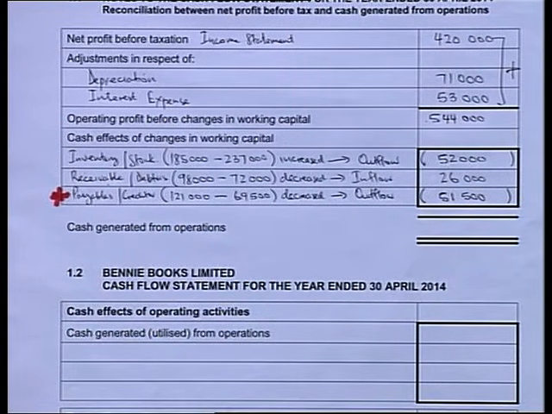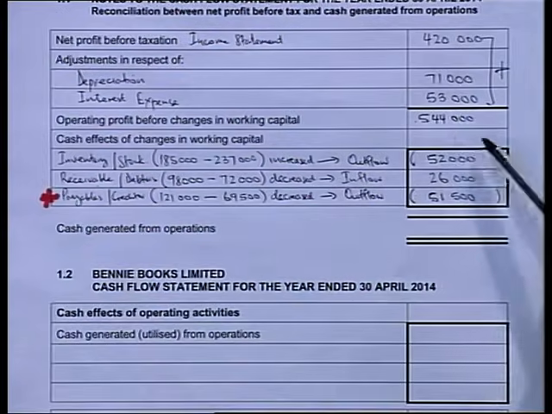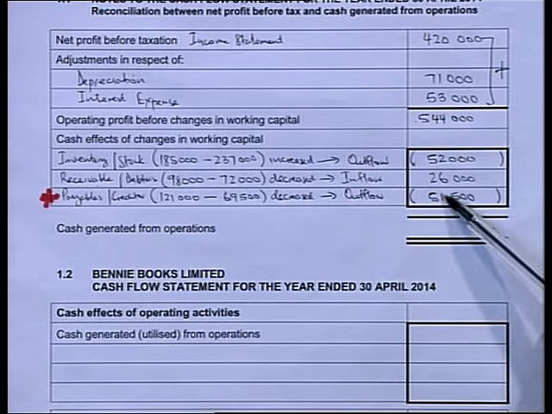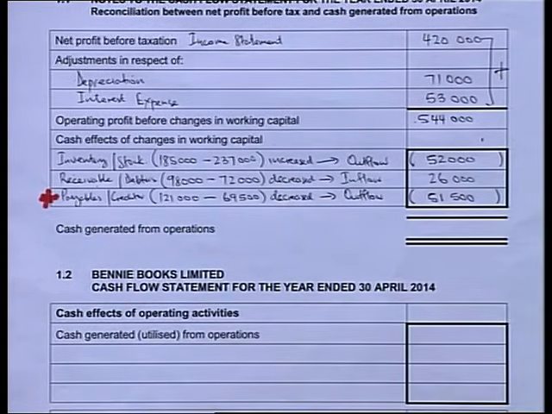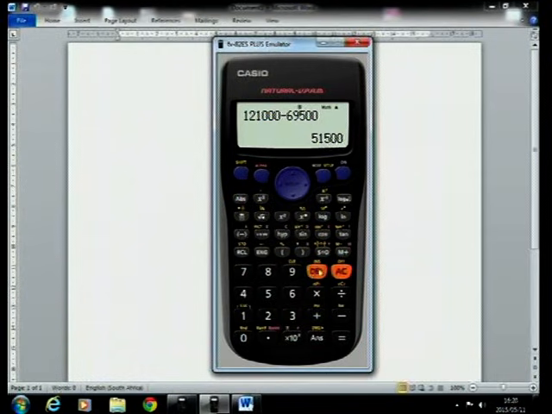Okay. Then all we have to do over here in this block, we now have to offset those three figures to get the amount on top. Okay. So we start with the positive number, and the positive number is 26,000, and then we just minus the negative numbers, or the numbers that are in brackets.